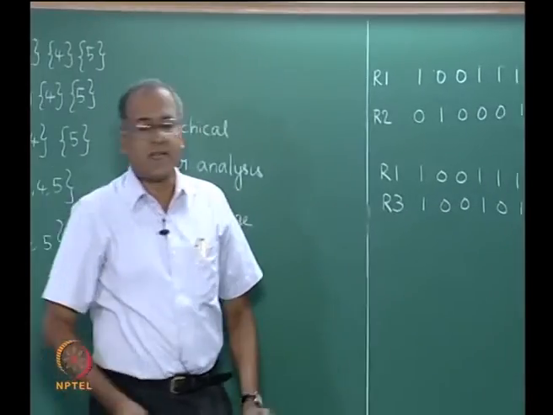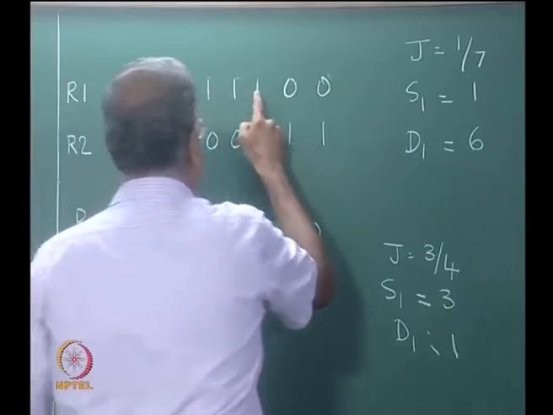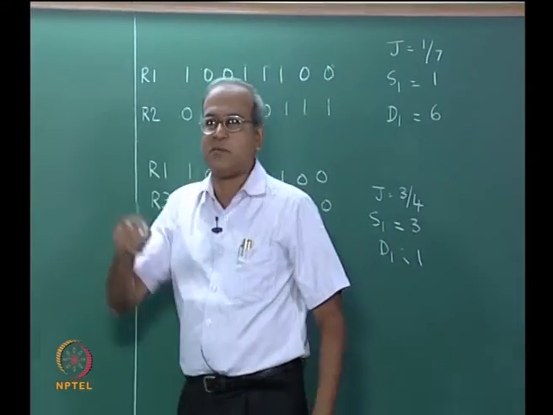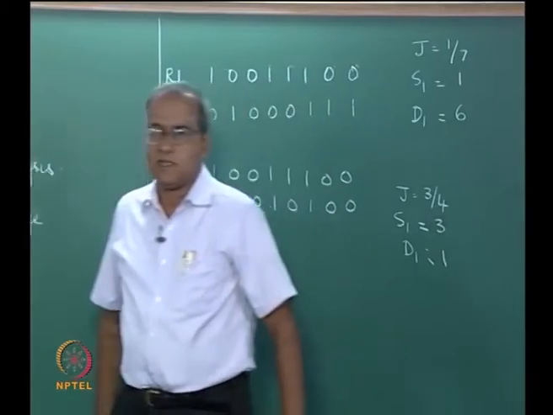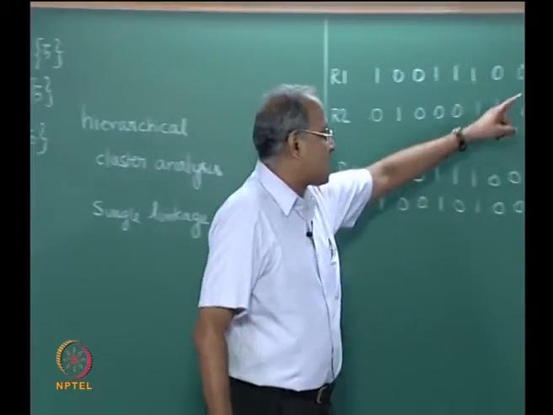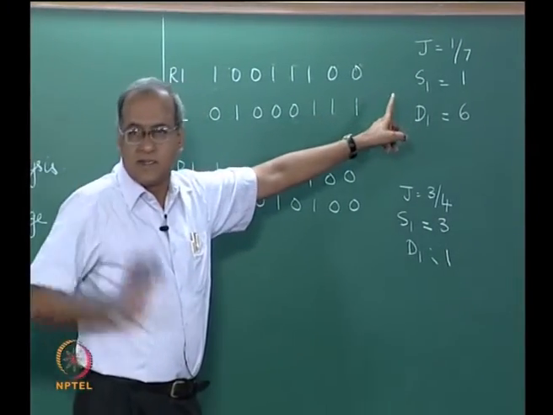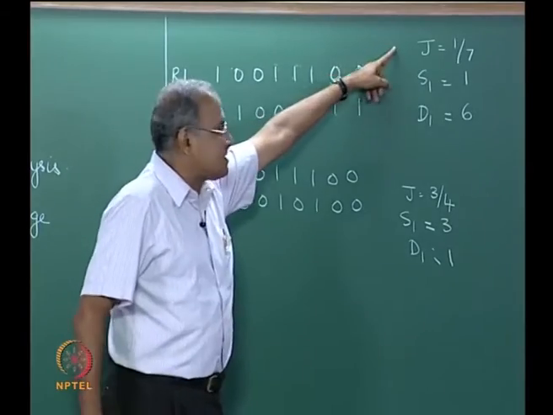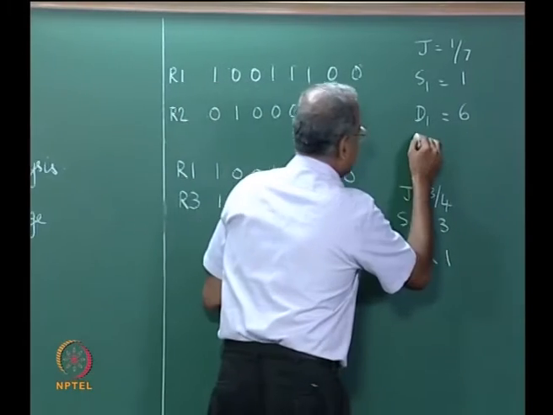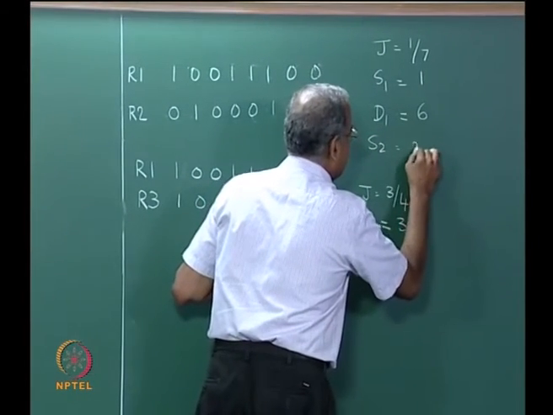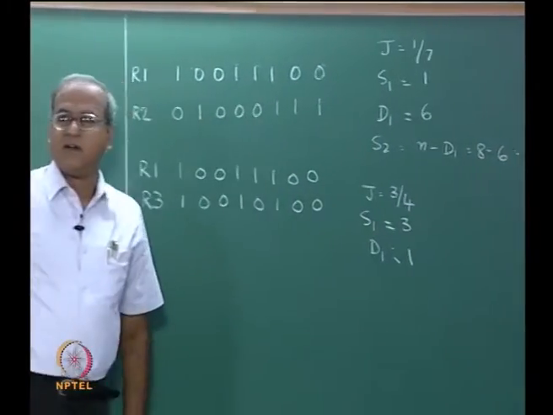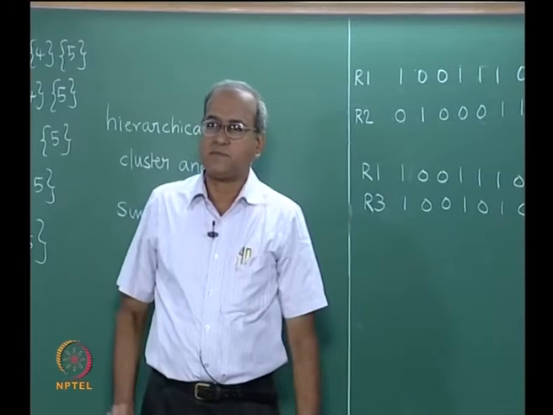In the worst case, I can have 1 1 1 1 0 0 0 0 and 0 0 0 0 1 1 1 1, which would give me a dissimilarity of 8. The maximum value dissimilarity can take is 8, the maximum value similarity can take is 8, and the maximum value Jaccard's can take is 1. Now suppose I define S2 as n minus D1, or 8 minus 6, which is 2. This is another form of similarity.